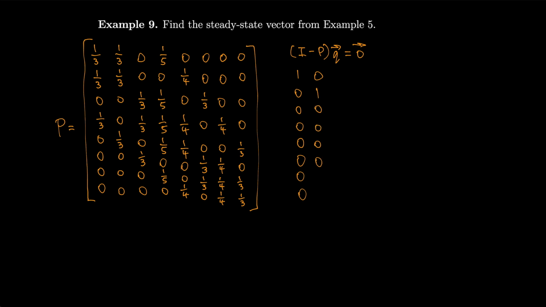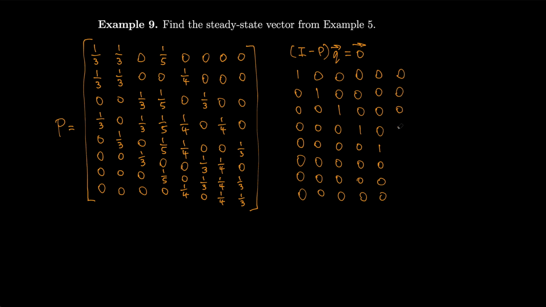So in reduced row echelon form, we have the identity structure: 1, 0, 0, 0, and so on down the diagonal.